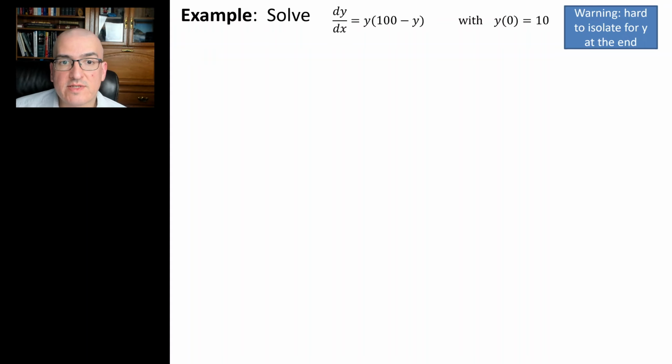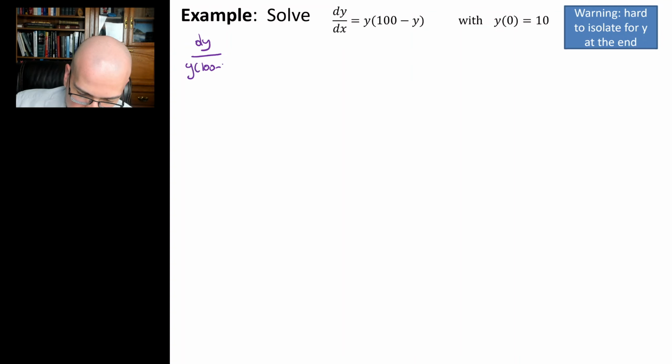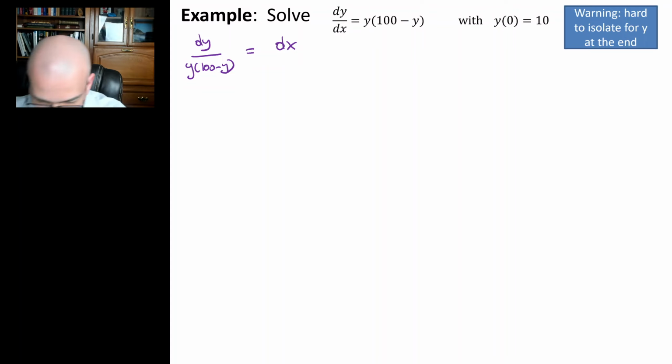I'm going to bring all the y stuff underneath the dy, on the left-hand side, and cross multiply by dx. So on the left-hand side, we're going to divide both sides by y, and divide both sides by 100 minus y. And then integrate both sides.